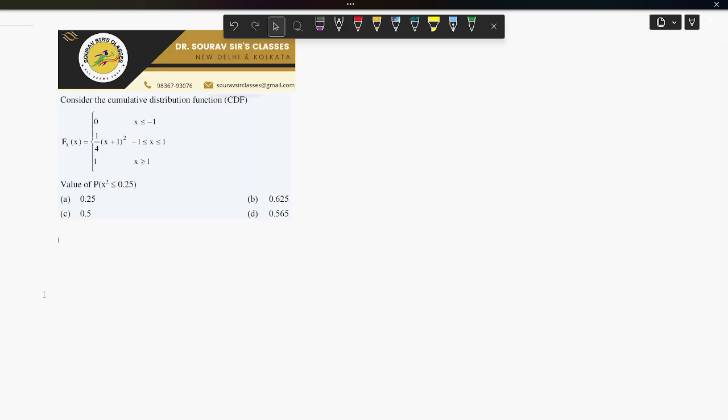So we are given the cumulative distribution function, which is this. We need to compute the probability when X square is less than or equal to 0.25. Okay, so now we are going to rewrite the probability, X square less than or equal to 0.25. That means our X is lying between, sorry, it will be minus 0.5 to 0.5.